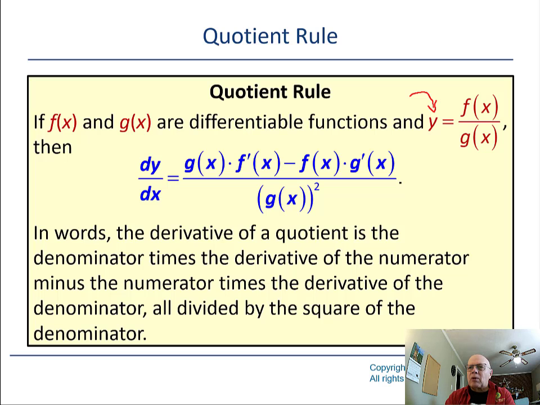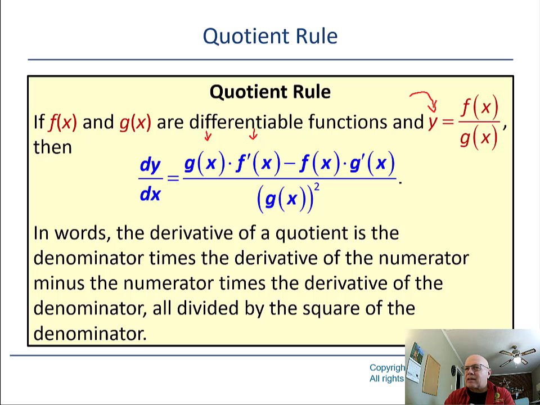The way to remember this, or one way at least, is start with the denominator. That's what I always do when I'm using the quotient rule. I remember we're doing quotient, so I ought to start with what's on the bottom. So start with the function on the bottom, g(x), and then we never put g(x) and g'(x) together.